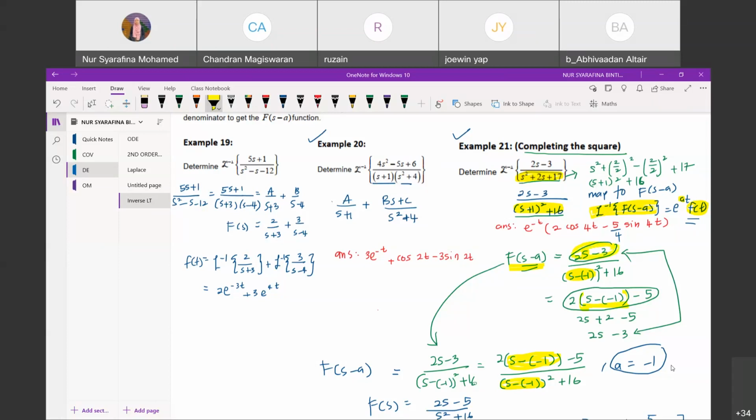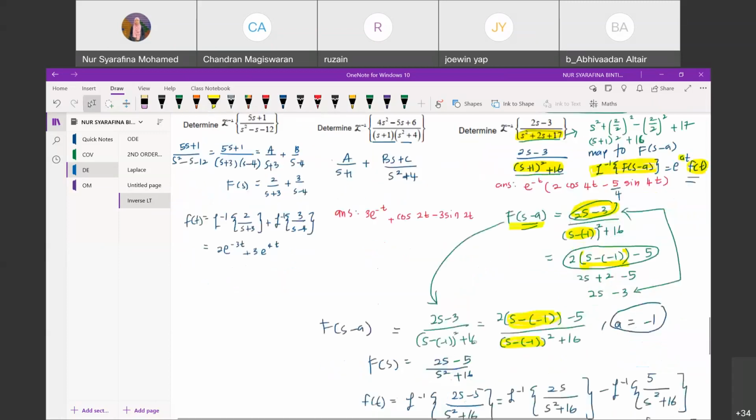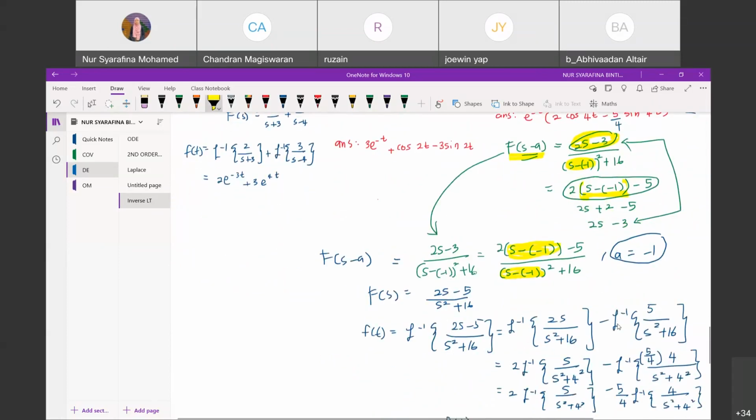So you just put another value here to make sure that there is minus 3 after you expand. Once you have it in terms of F(s minus a), this function can be written as F(s minus a) by putting s minus minus 1 for both s variables.